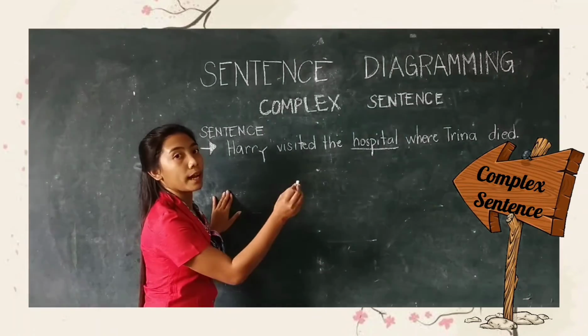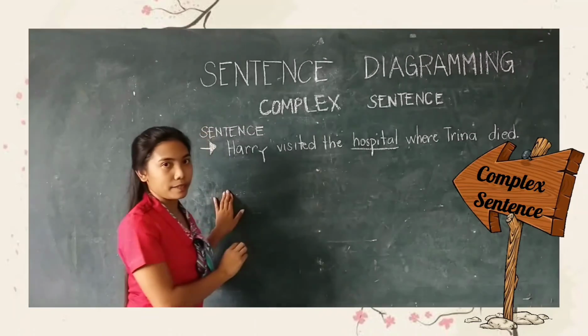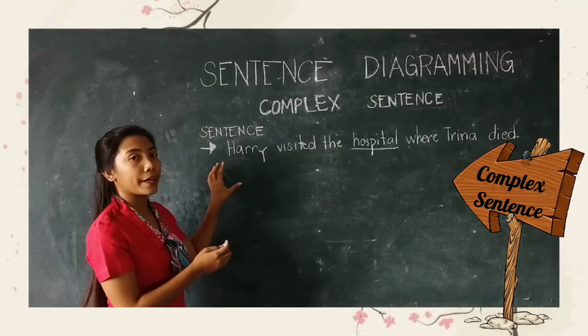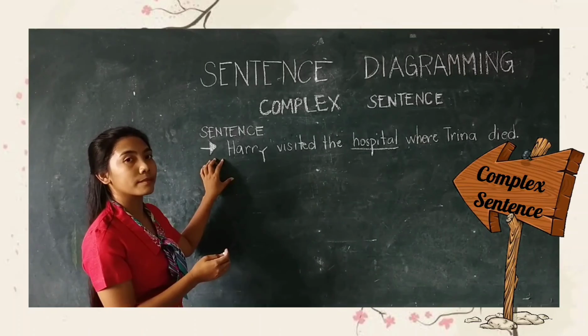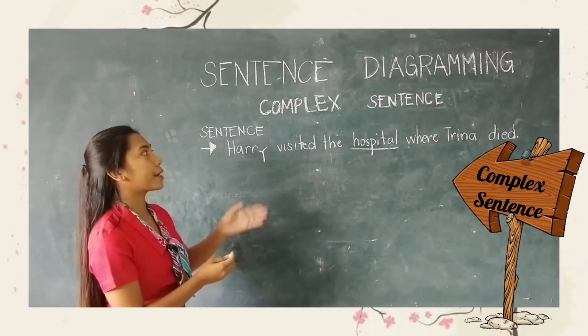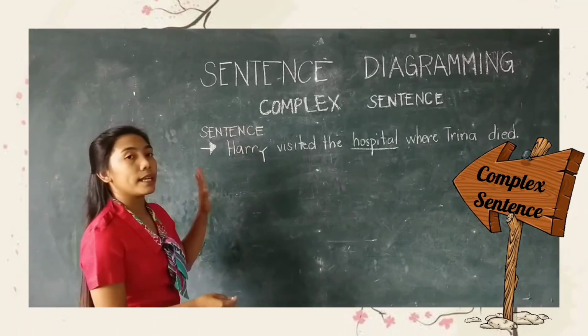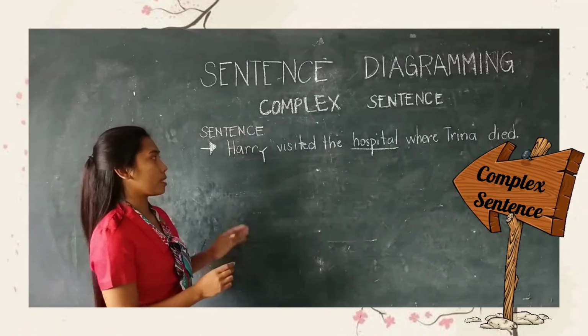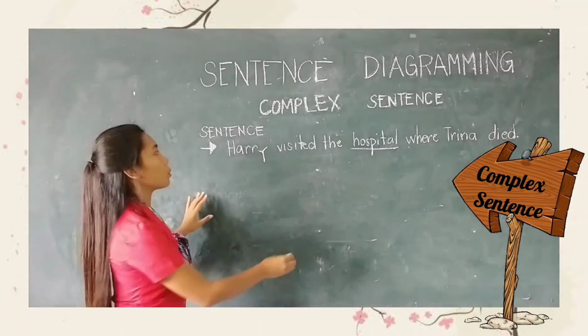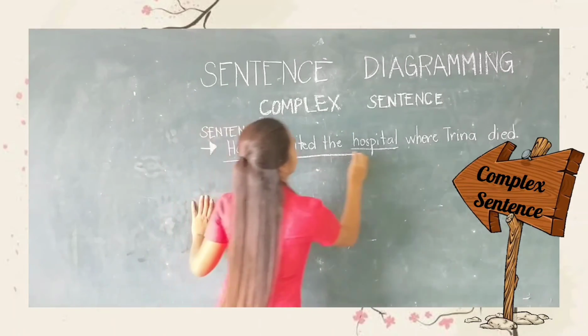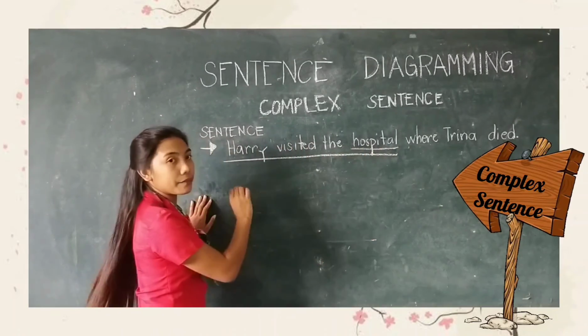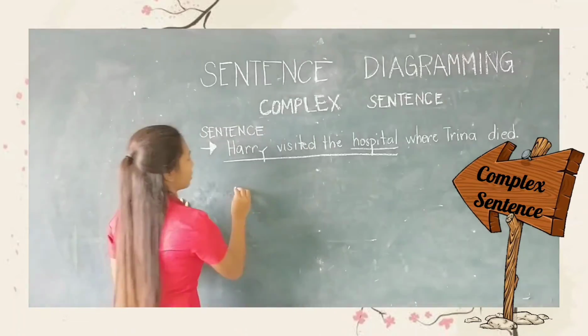It is the hospital where Trina died. So let us try to diagram this sentence. The first step to diagram a complex sentence is to diagram the main clause. So let us diagram the main clause, which is Harry visited the hospital. Harry visited the hospital.